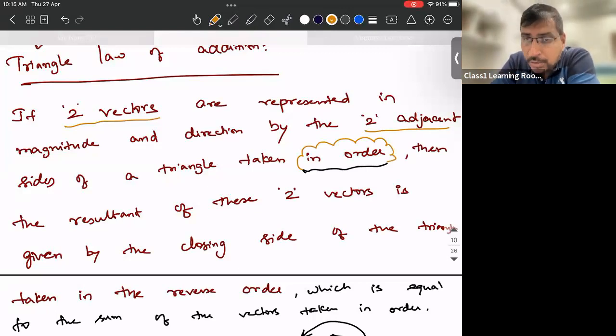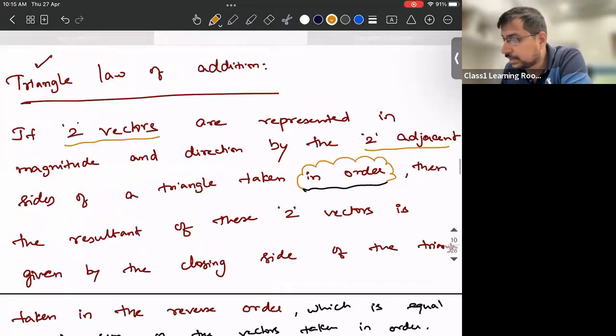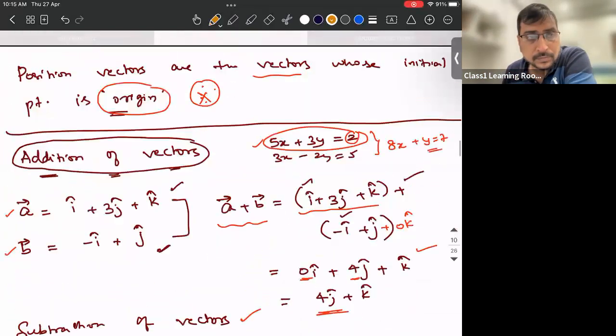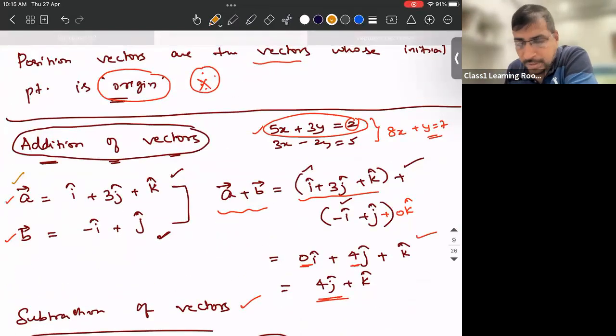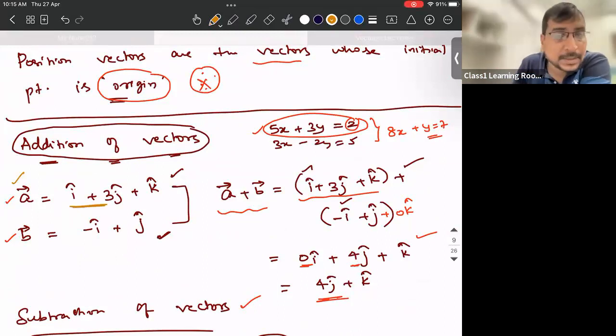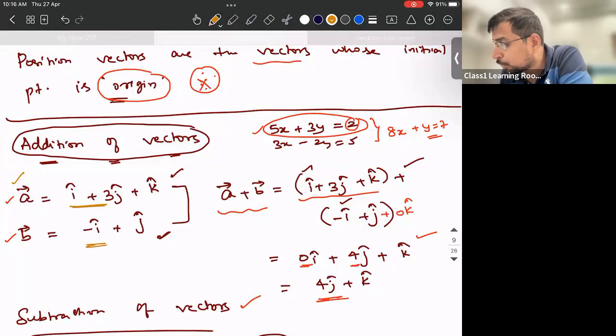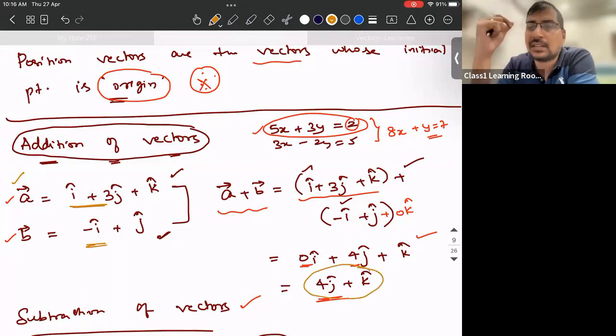If they are taken in order, then the resultant of these two, and what I mean by resultant is, for example, this is one vector, i cap plus 3j cap plus 4k cap, and minus i cap plus j cap is another vector. When you do a plus b, you get some output, this one, 4j cap plus k cap. This is called the resultant.